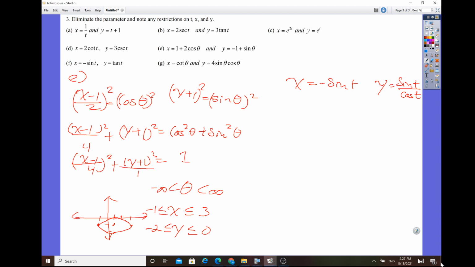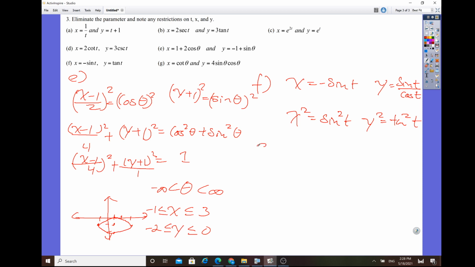You try to square both sides, so we do have x squared equals sine squared of t. The negative doesn't matter. Y squared, so we do have tangent squared of t. But once we combine them, we cannot use any kind of trig identity. Okay, let's see any other way that we can solve for this. That's something you guys probably want to think about, but let's move on to the next one first.